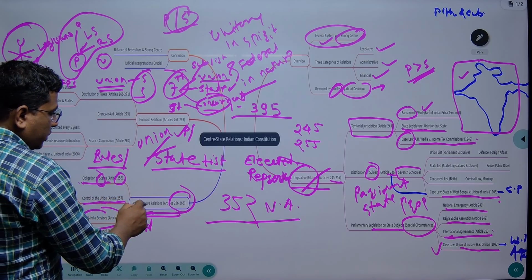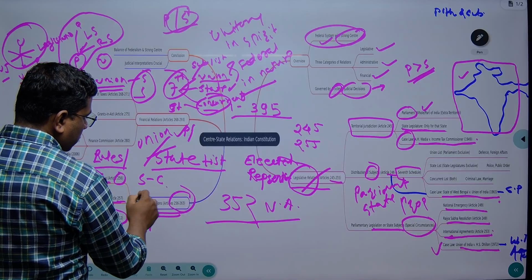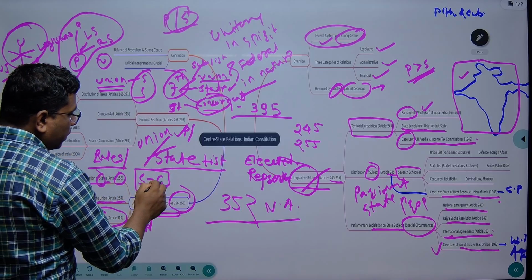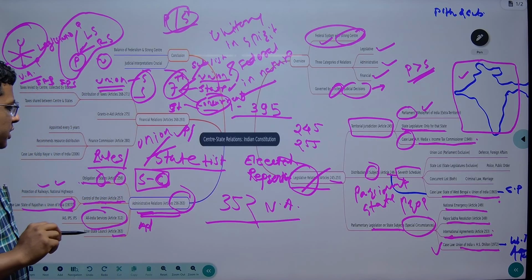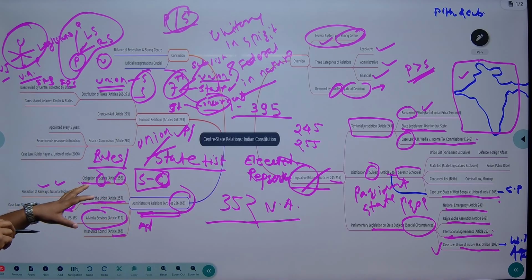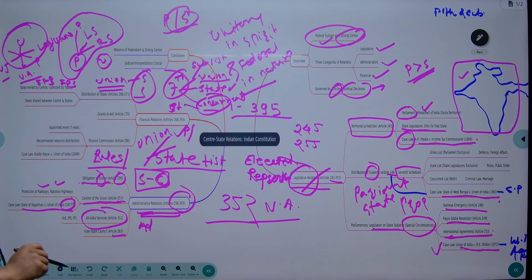So in administrative relation, the center and states are governed mostly in accordance with the center's directions, right? Here is the domination of the center over the state to make laws in accordance with the center for administrative relation, right?